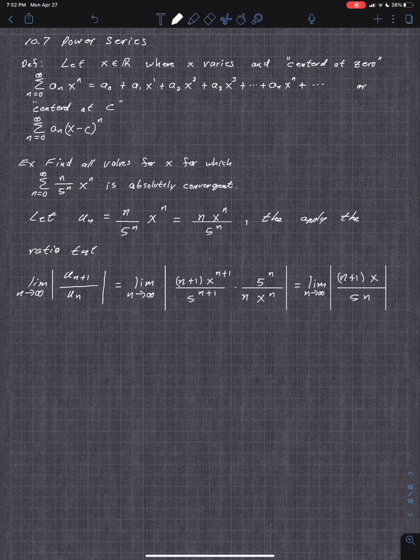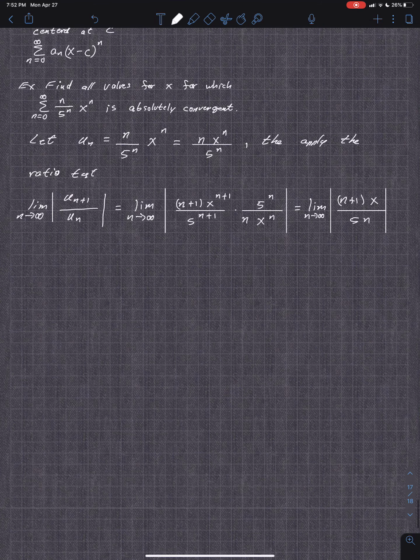Pause the video and do that on your own. So what we then have is this form. Remember that n is approaching infinity, so you don't really need those absolute values. So you can say that this is equal to the limit as n approaches infinity of (n plus 1) over n times the absolute value of x, because x is not changing.